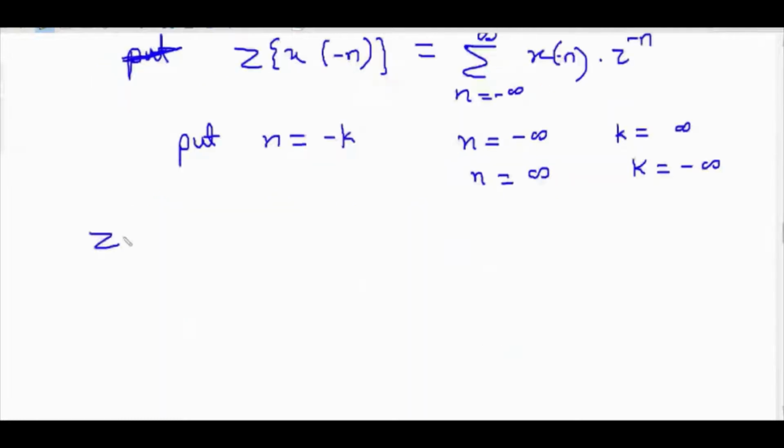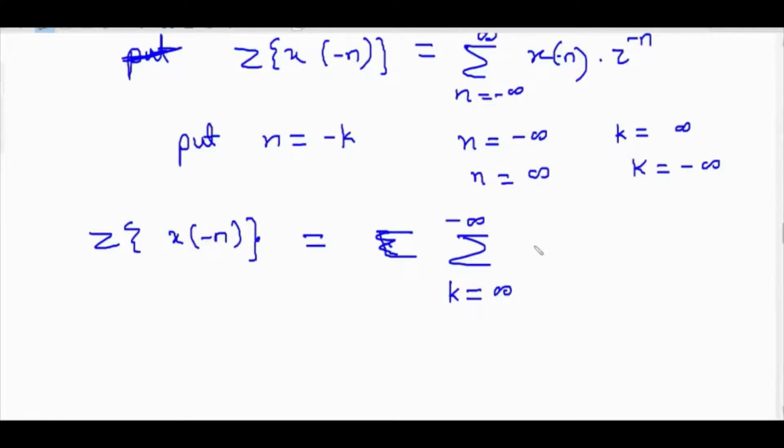Therefore, Z transform of x of minus n equals summation where k goes from plus infinity to minus infinity. x of minus n is what? n is minus k, so minus n is k.